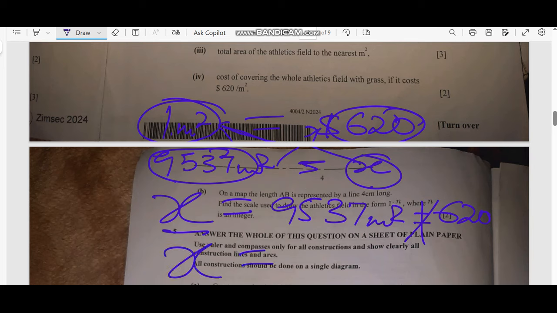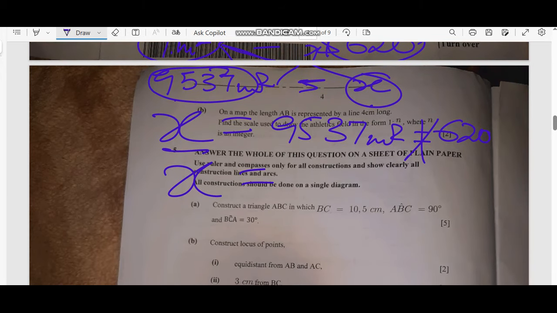So that amount of money, let me use my calculator.